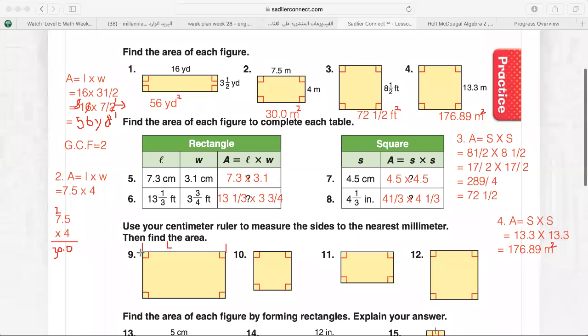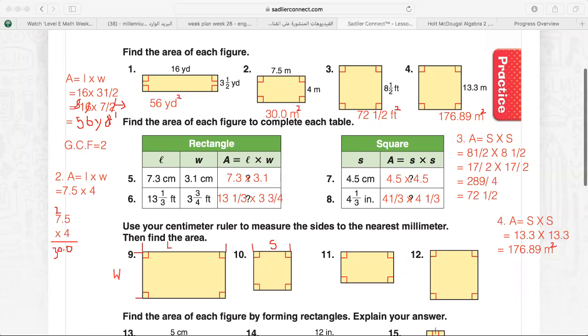And then put the ruler here and get the width. And multiply the two numbers together. And the same here for the square, you're going to measure only one side to get the side.